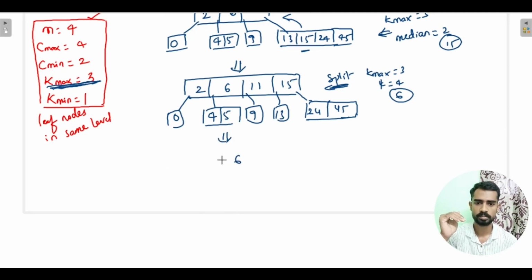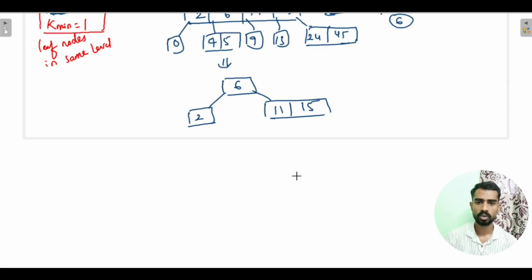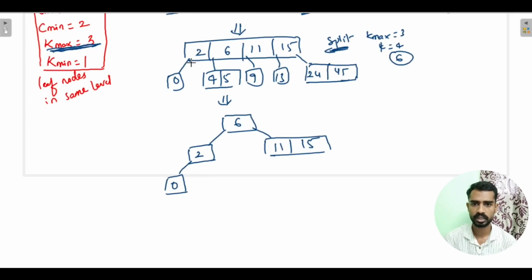So 6 becomes our new root node, and we have the left part as left child. And what is the right part of this particular 6? 11 and 15. Now this will stay as right subtree or right child. Now what happens to this node? These nodes will be connected as they are. Now 0 is connected as left child of 2, and what is the right child of 2? 4 and 5.